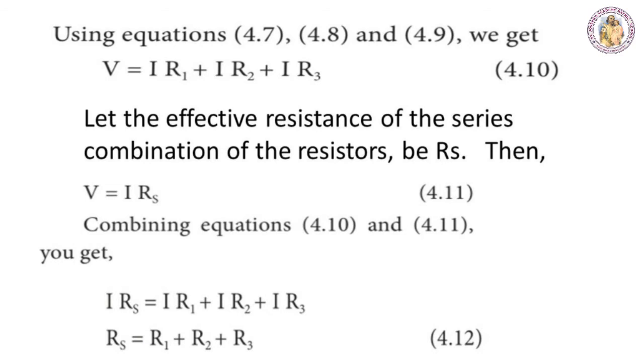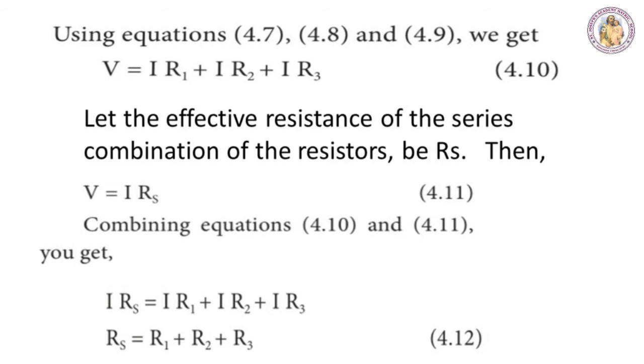The effective resistance is a single resistor which can replace the resistors effectively, so as to allow the same current through the electric circuit. Let the effective resistance of a series combination of the resistors be Rs. Then we get V is equal to IRs.